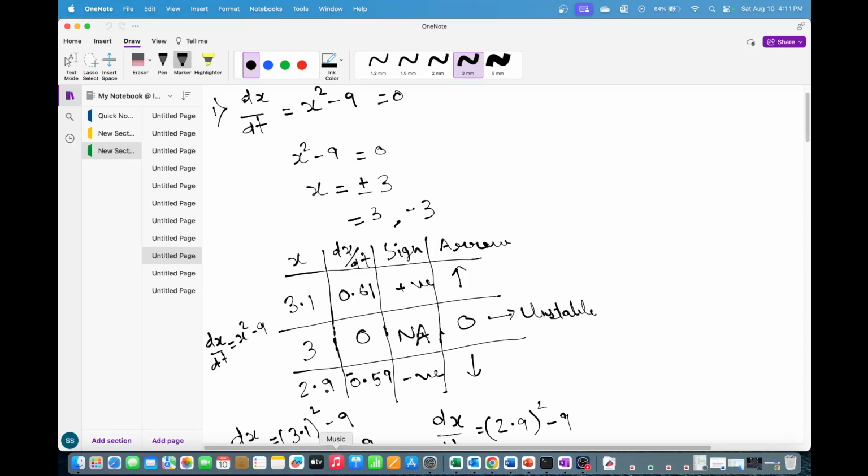For different values of x, we calculated dx/dt. Basically this is the steady state, where dx/dt equal to 0, and we checked values of x in and around that value to see if the process is converging at the steady state or diverging from it. In this case, this was diverging, so it meant it's an unstable steady state. If it is converging towards the steady state, it will be a stable steady state.